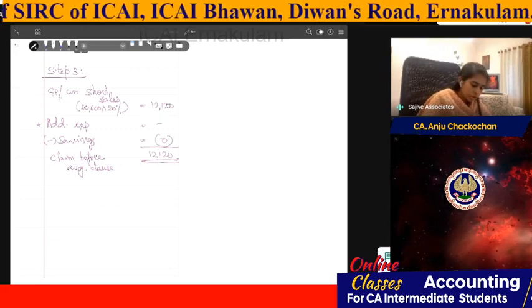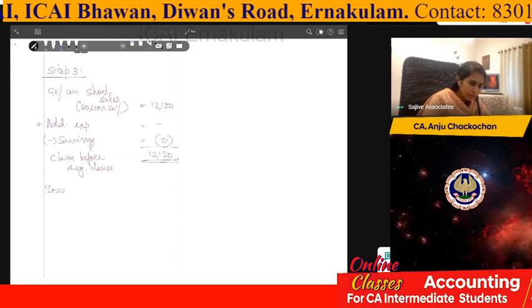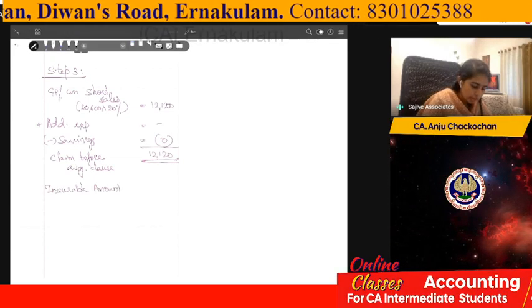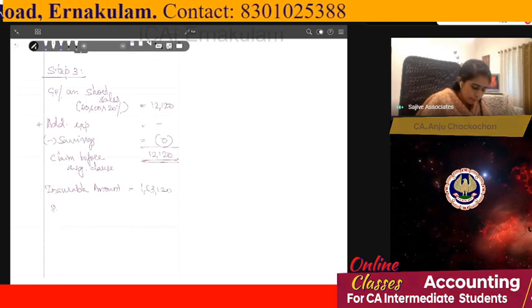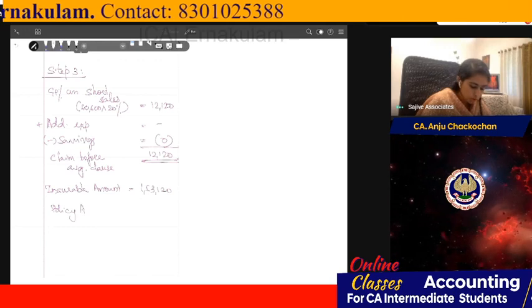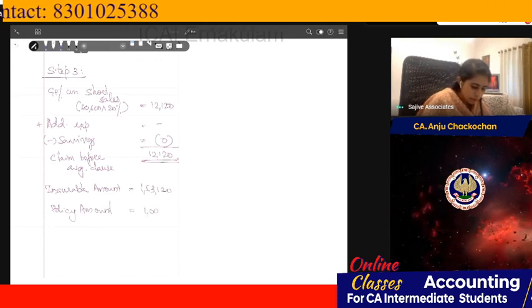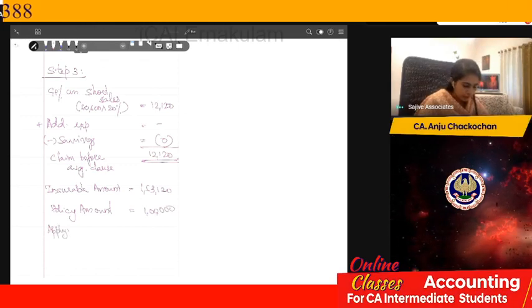So insurable amount is 1,63,120, whereas the policy amount is only 1 lakh. You are short of policy, so you will have to apply average clause.